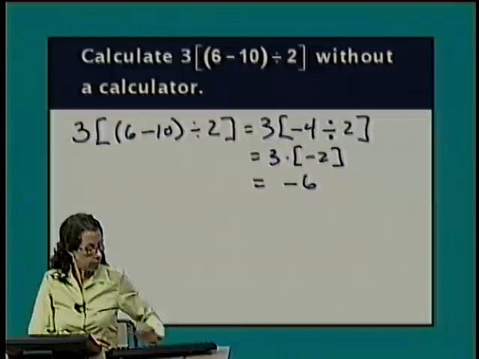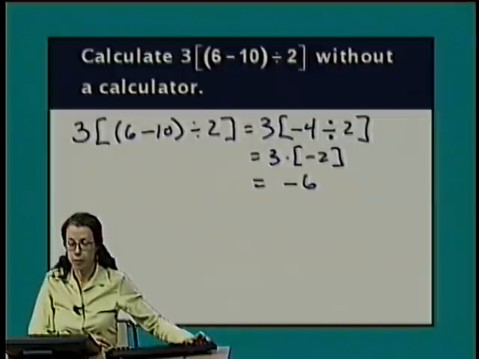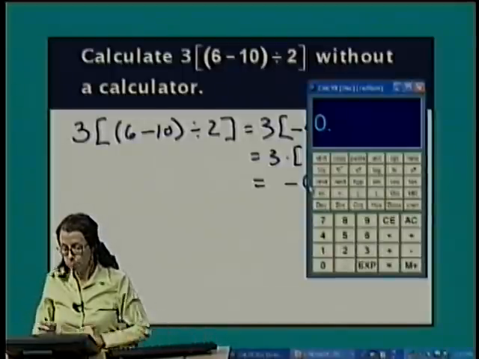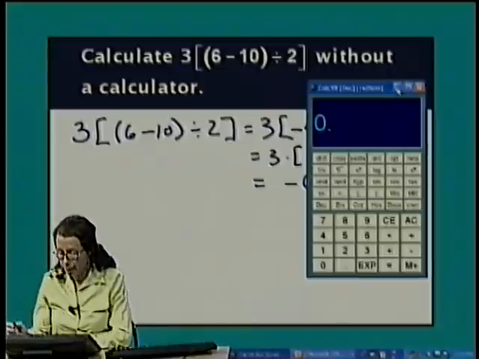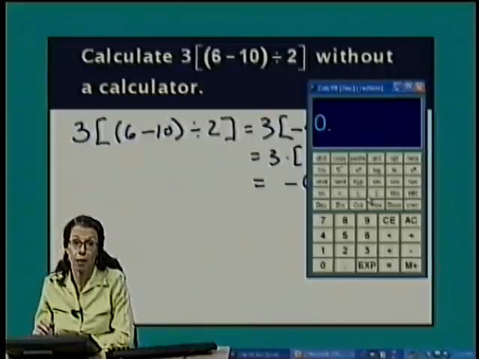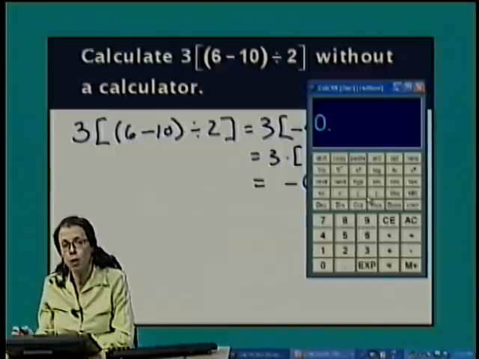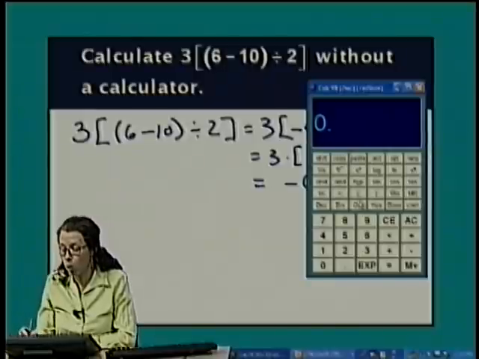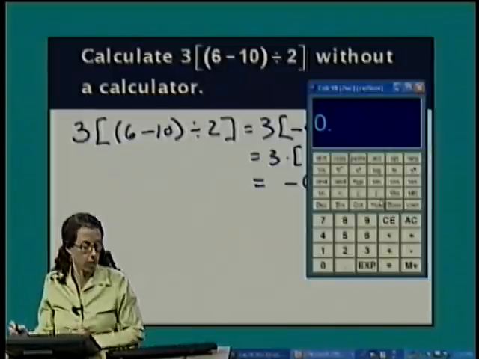Now I'm going to pull up my scientific calculator just for a moment and point out that on the scientific calculator, I just have parentheses. I don't have anything like a square bracket. So when I do this calculation on the calculator, I only can use parentheses.